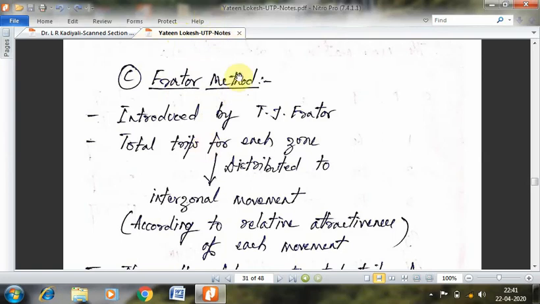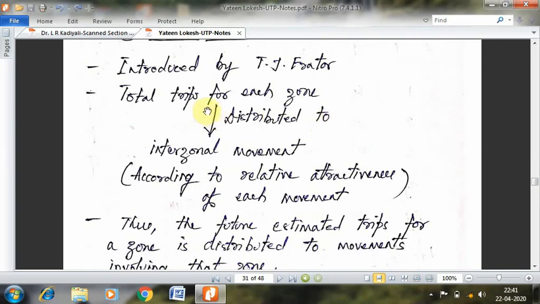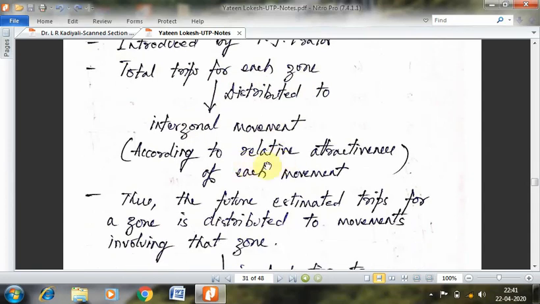This method was basically introduced by a person named T.J. Fratter. And what actually happens in this method is that the total trip for each zone will be distributed to the interzonal movements, according to the relative attractiveness of each movement.